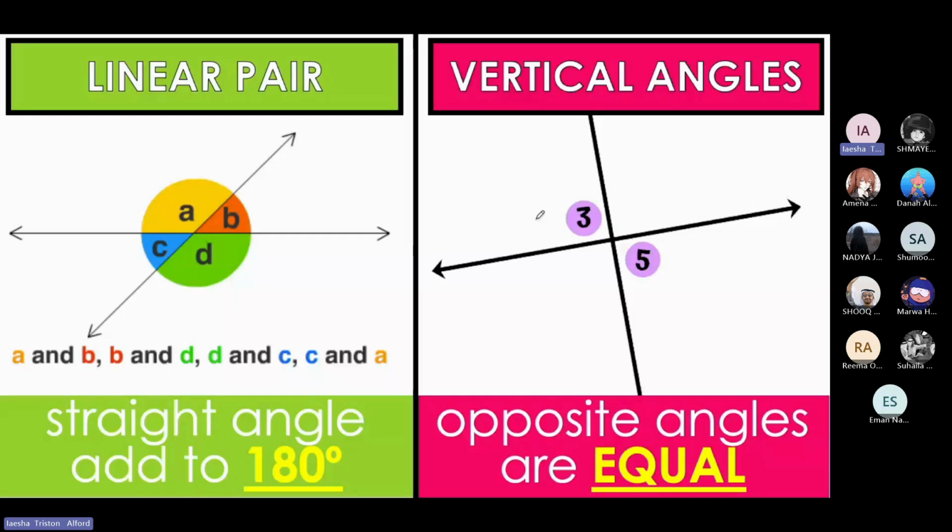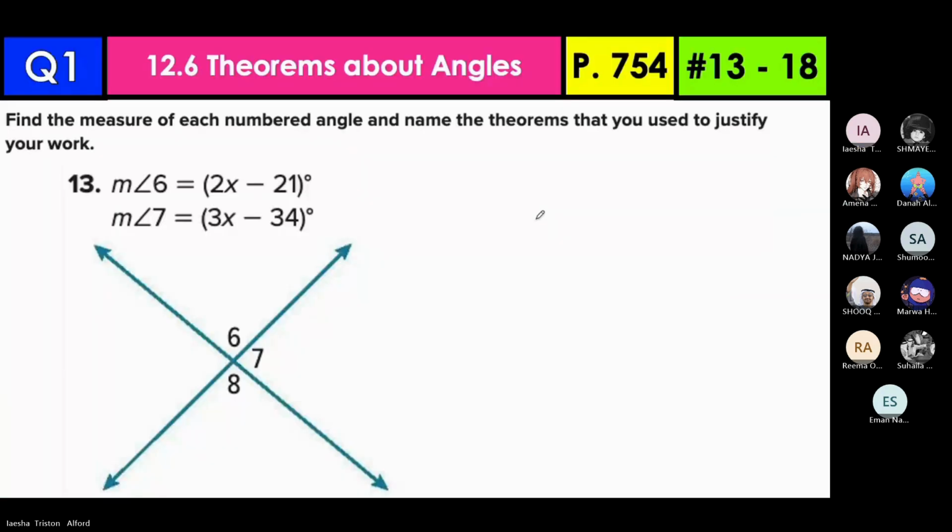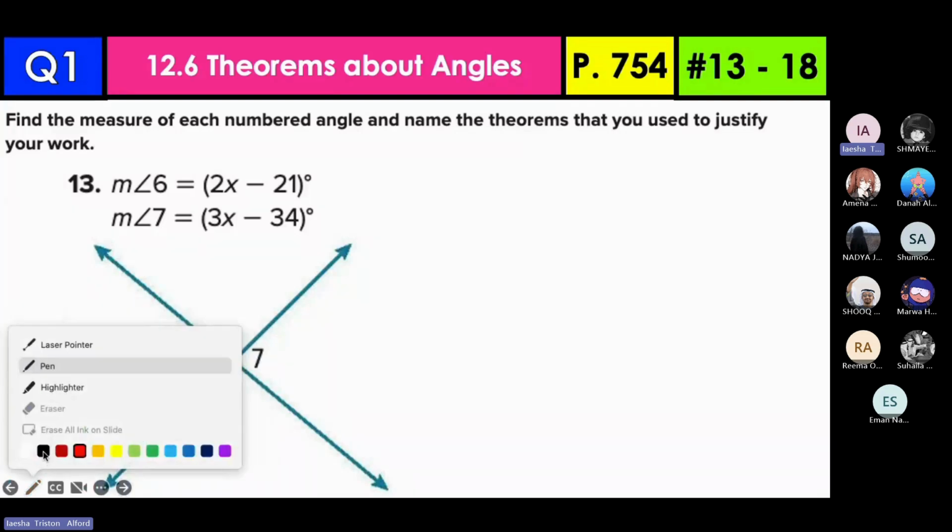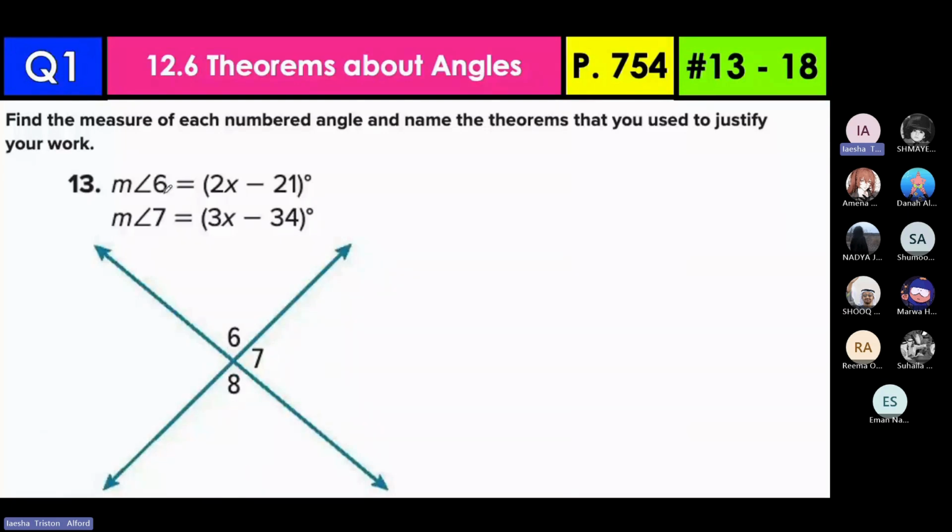This question you have to solve quite a bit. So I'm going to solve some of them, maybe most of them. We'll see how much energy I have, yeah? But this one, you want to figure out what is the measure of angle 6 and the measure of angle 7. Well, 6 and 7, they have a name. What's the name of that thing? Linear pair.